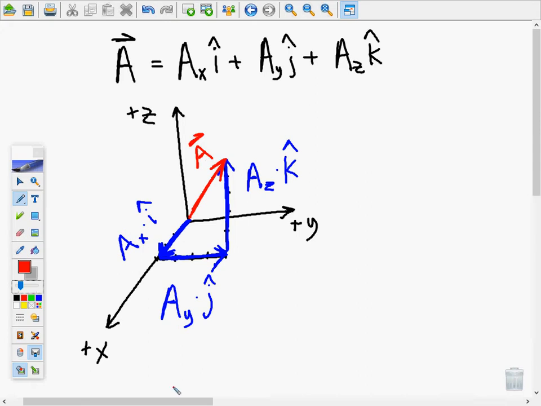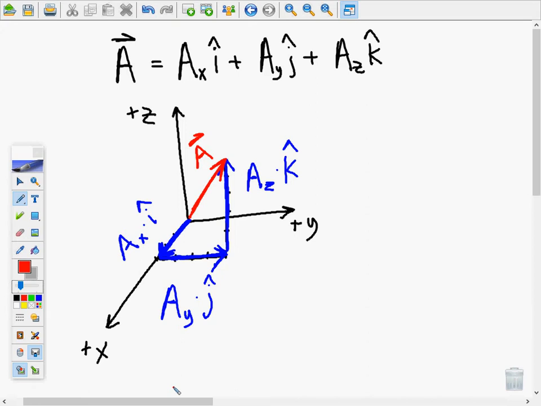Now, it's hard to draw these because they're three-dimensional, and we're drawing a three-dimensional situation on a two-dimensional paper or screen. What you need to realize is if you had a ruler and you measured the length of vector a sub x or a sub y or a sub z, the length of the arrow used to represent the vector A, the whole thing, should be the longest.